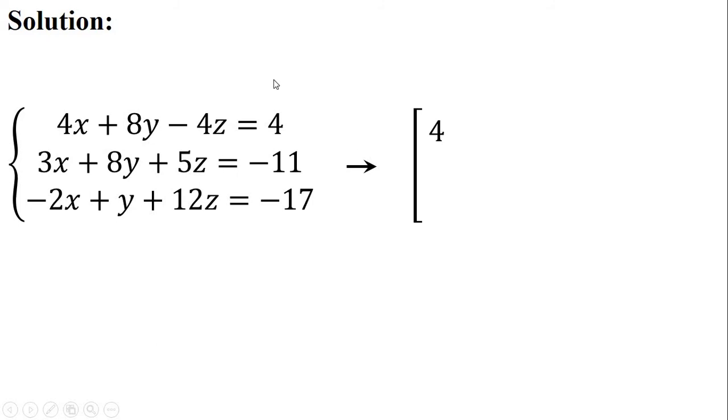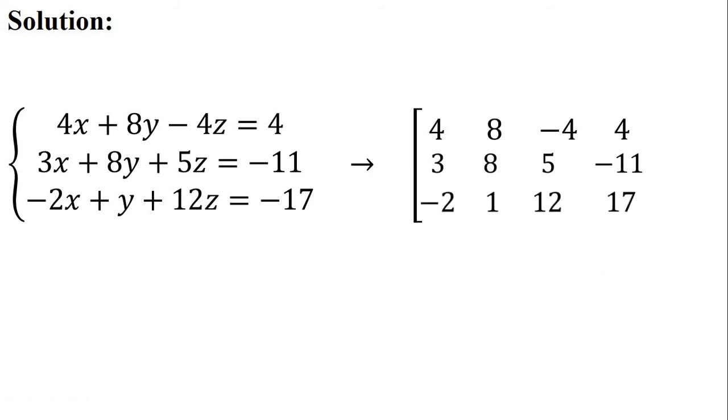The coefficients of the equation are 4, 8, negative 4, and the constant is 4. For the second row, we have 3, 8, 5, negative 11. For the last row, we have negative 2, 1, 12, and the constant is negative 17.